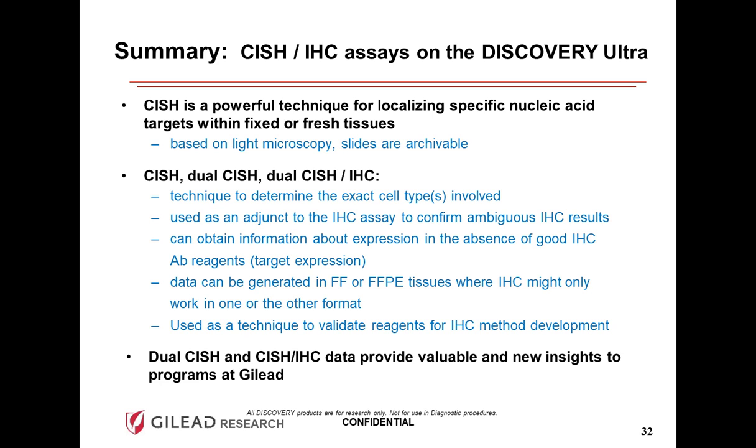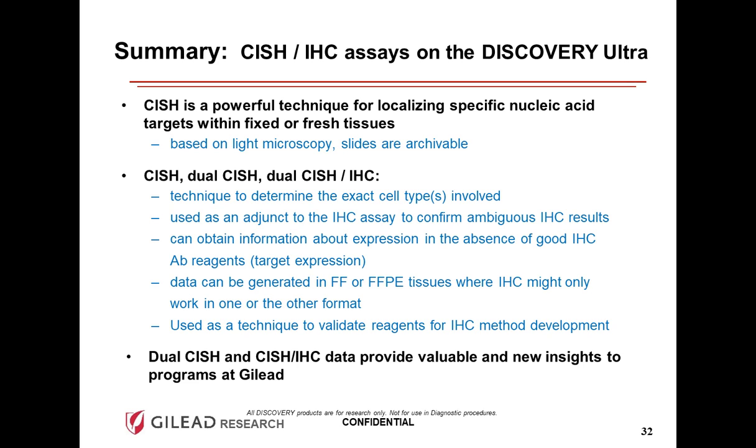The data can be generated from both fresh frozen or FFPE tissues, as I showed you. In the example with the secreted enzyme within the matrix, the IHC only worked in fresh frozen and not in FFPE, so we were able to make sure that was a true signal.